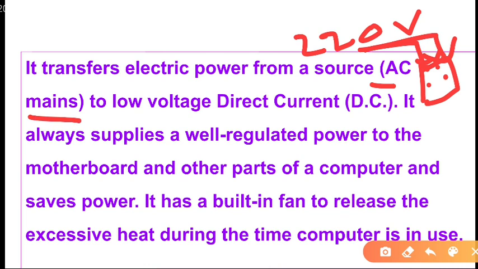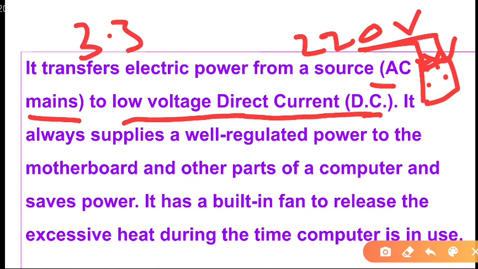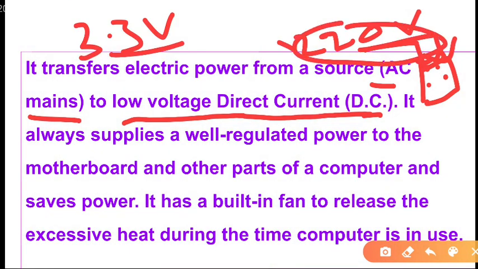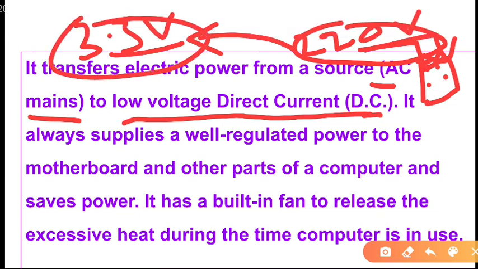Okay, but our computer requires low voltage, and that too direct current. A computer or the CPU just requires 3.3 volts. So this is very high voltage current, and if this high voltage current directly goes to a CPU, it will destroy it. Okay, so what do we require?